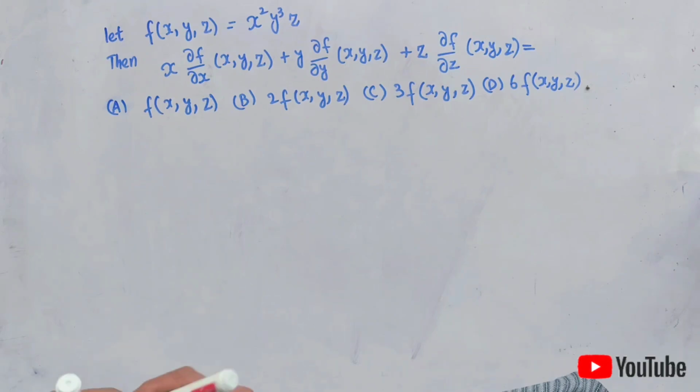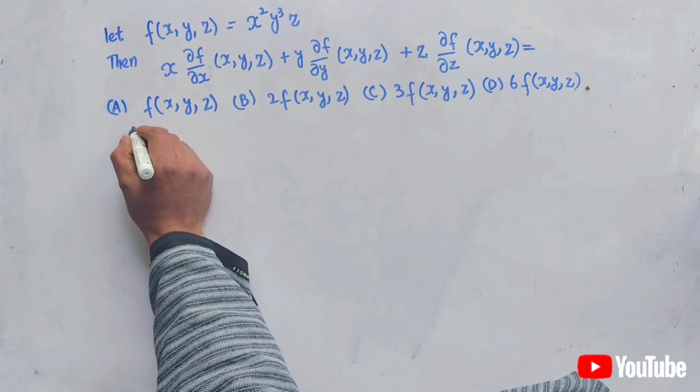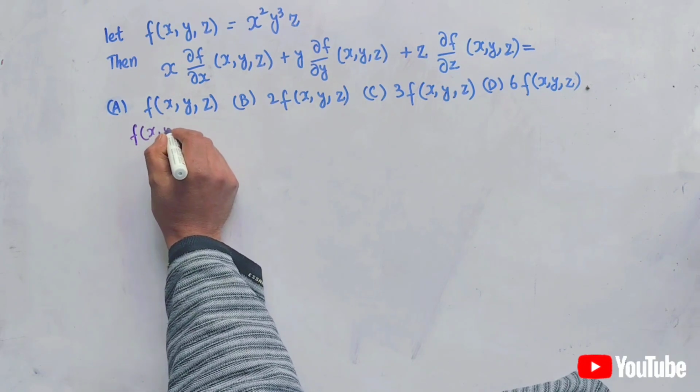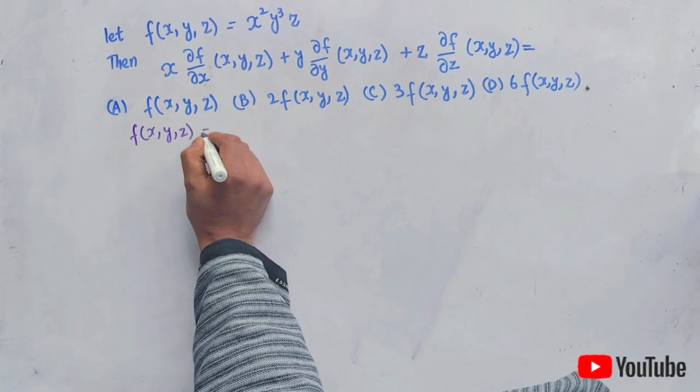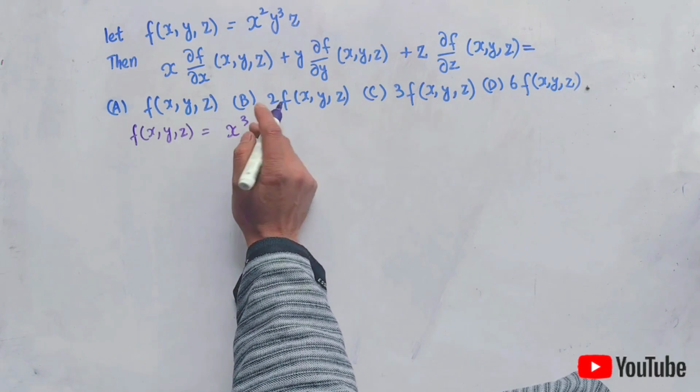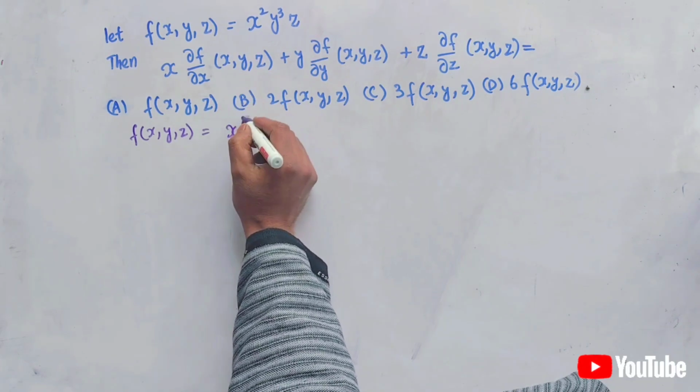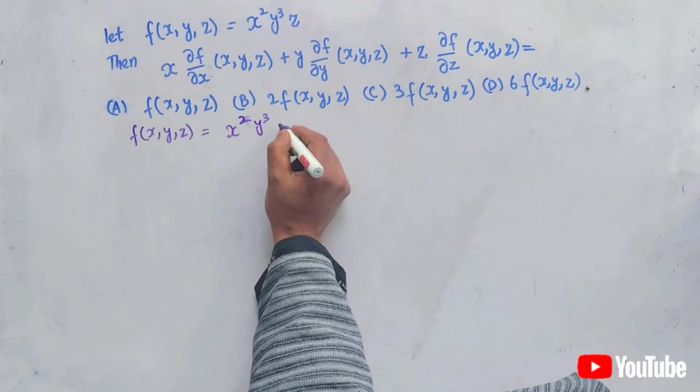Okay, so what we are being given, we have the function f of x comma y comma z is equal to x square y cube z.